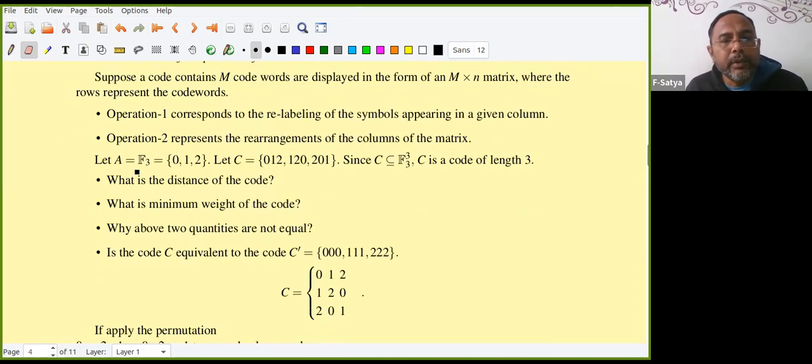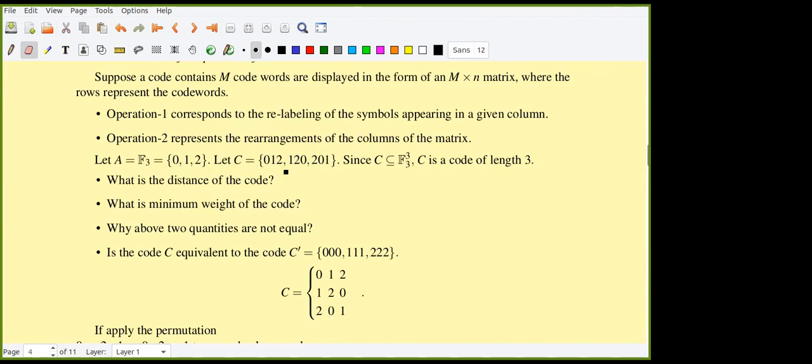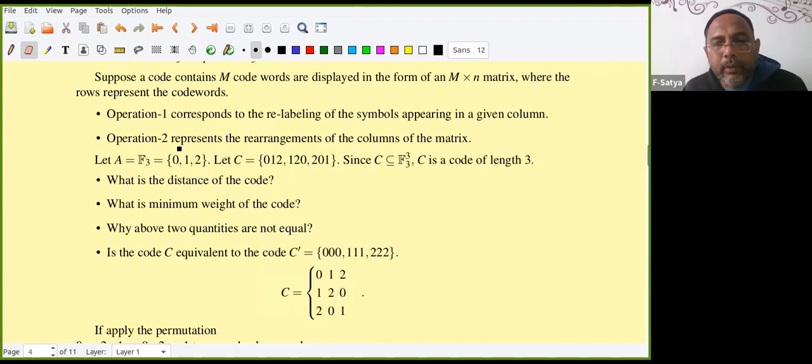Look at this, F3 equal to 0, 1, 2. This is a code. Why is this a code? The question is, is it a code first? We'll go to this later.